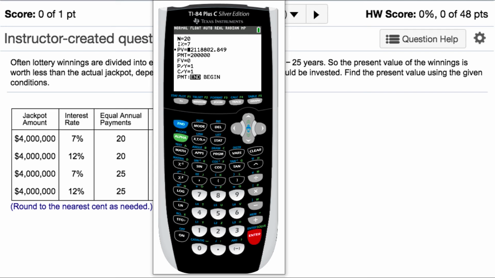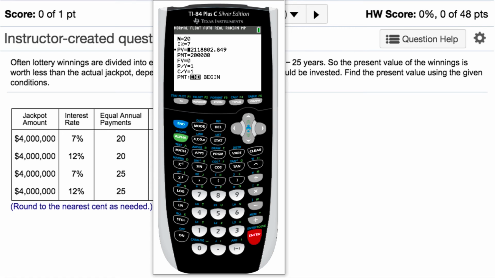So they don't need to have $4 million on hand to advertise a $4 million jackpot. They only need a little over $2 million on hand, because they could take that $2 million, invest it at 7%, and pay out $200,000 a year for 20 years, which would end up paying out $4 million.